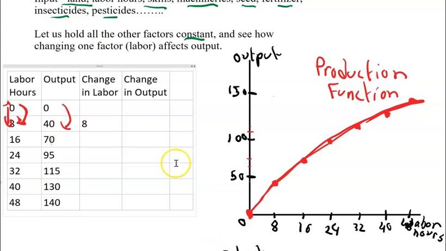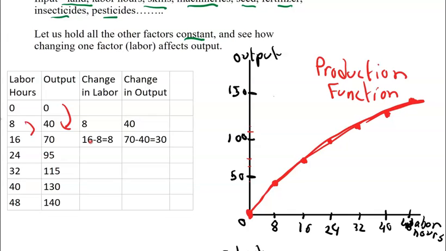So my change in output is going to be 40. Now the next one, when I go from 8 to 16 hours, my change in labor is 16 minus 8, which equals 8. And the change in output is going to be 70 minus 40, which is equal to 30. So I'm going from this to this level.